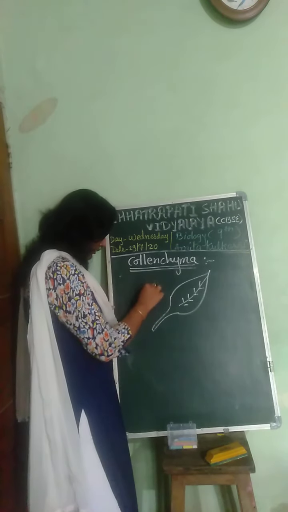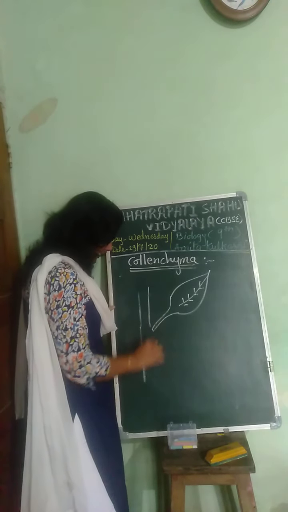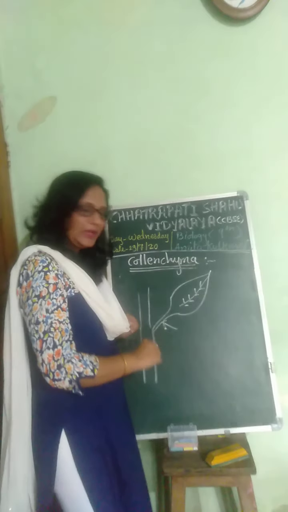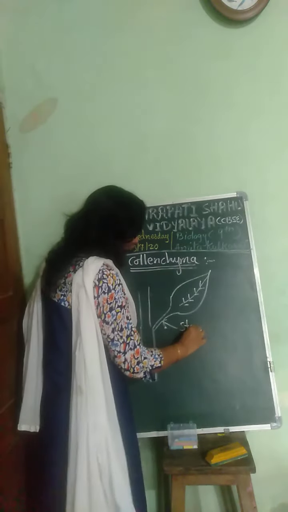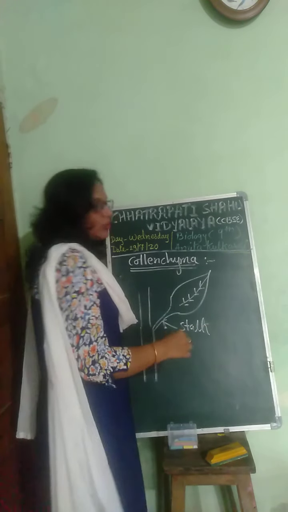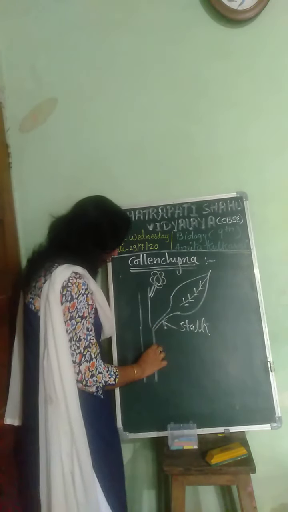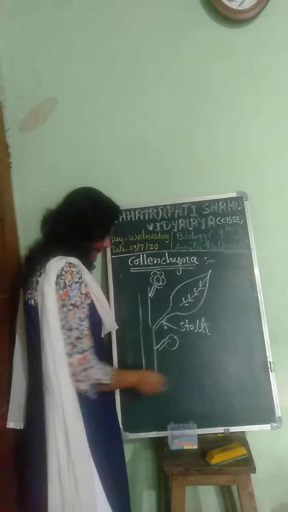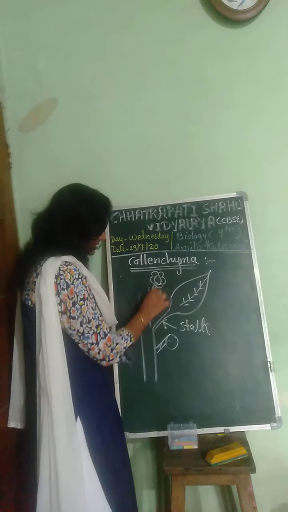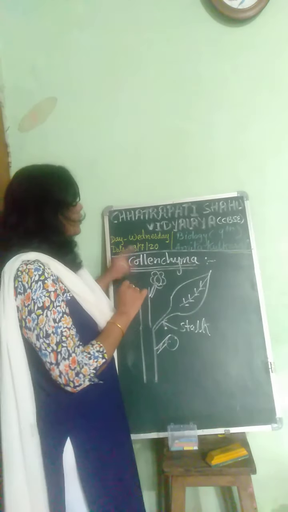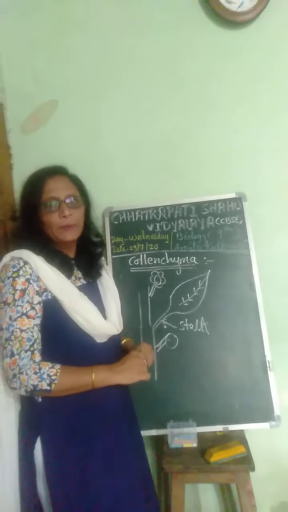This is the stalk by which it gets attached to the main stem, the stalk of the leaf, or stalk of the fruit. So this is how it bears a flower or a fruit. Correct? So this is the stalk, and in this stalk these collenchyma tissues are present.